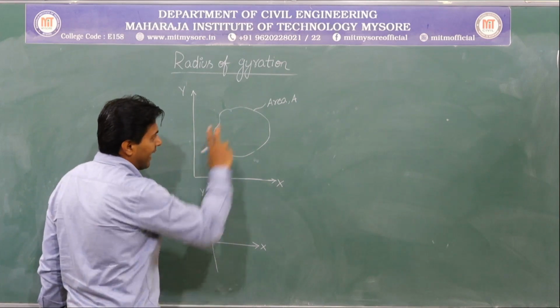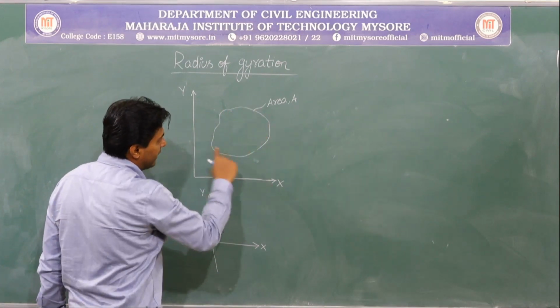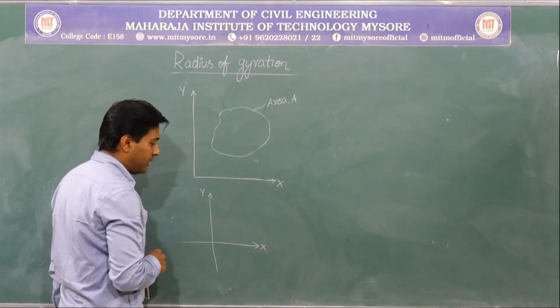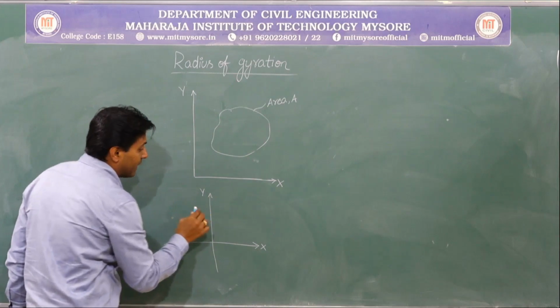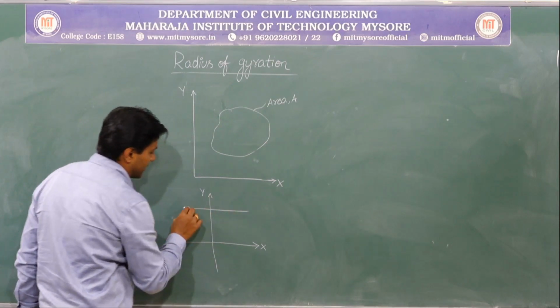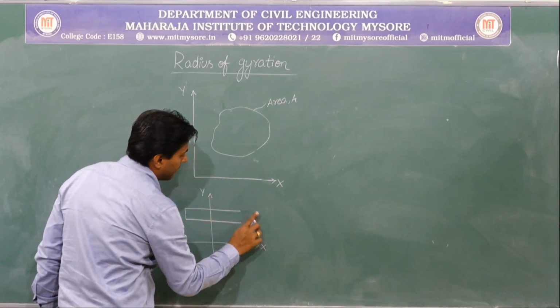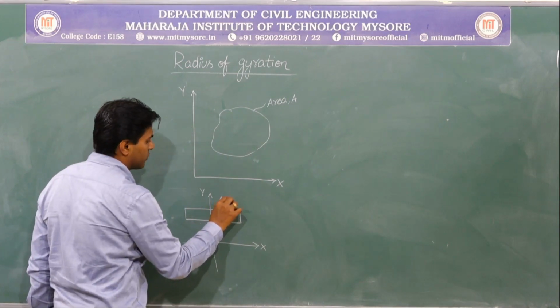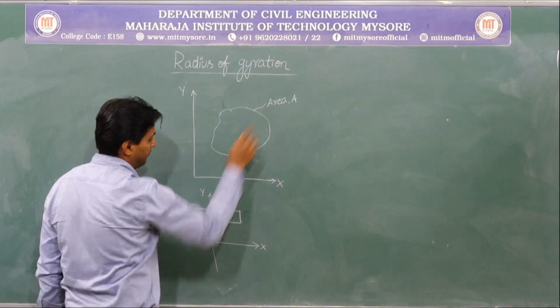Please remember one thing: after squeezing it, the same area of the rectangle needs to be formed. I will keep that rectangle parallel to the x axis, and the area of this should also be the same as this area.